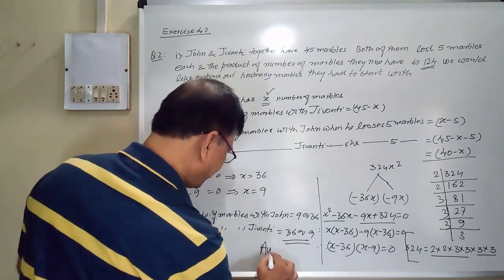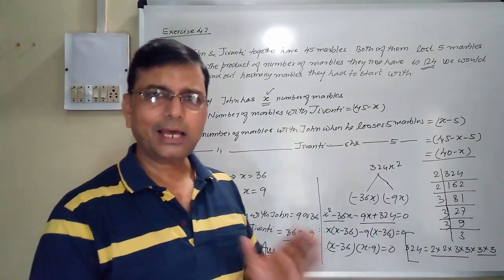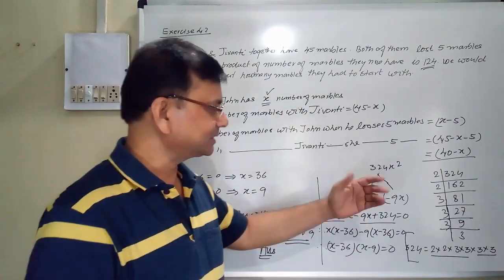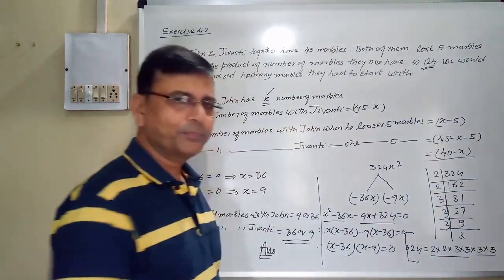So this is the answer. Is it clear? Factorization and selecting the factor in such a way that product and sum. So this is the solution. This I have done to find the factor of 324.